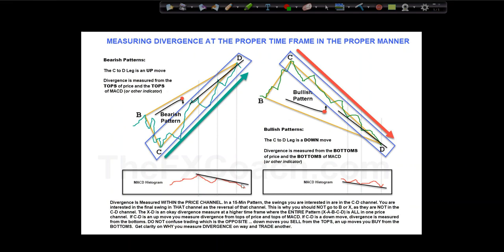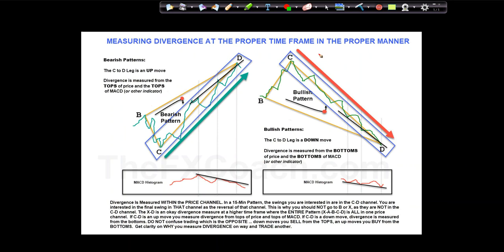Or if you're using RSI, the top of the RSI channel. Now when I say over here on the left bearish pattern, you go, well, how is that a bearish pattern? It's moving up. Because just as the little tiny arrow in the center of the page indicates, price is moving up, it's going to be bearish at D and create a reversal.